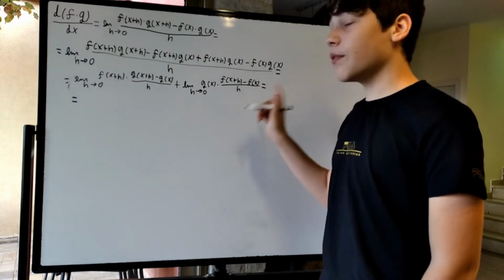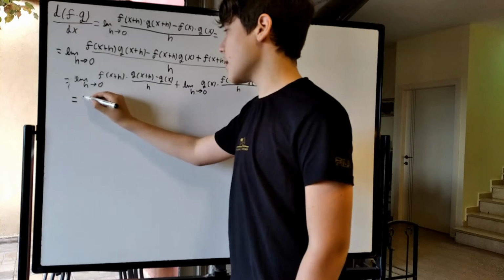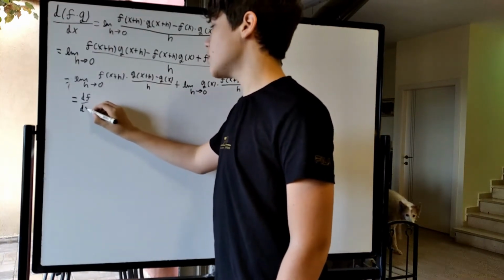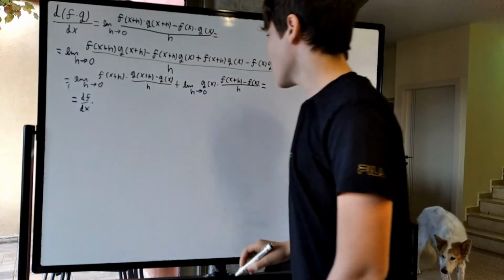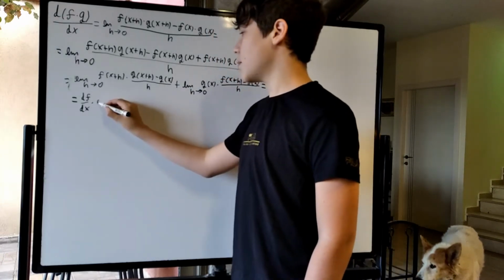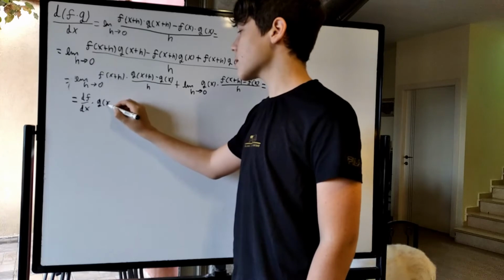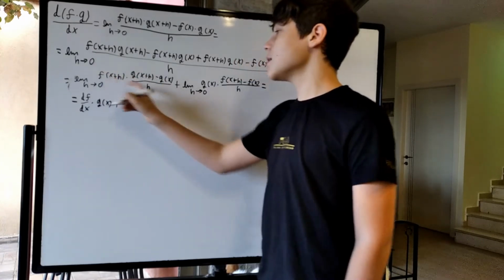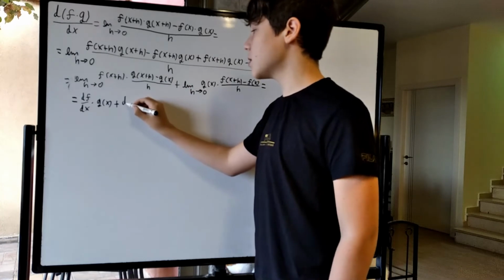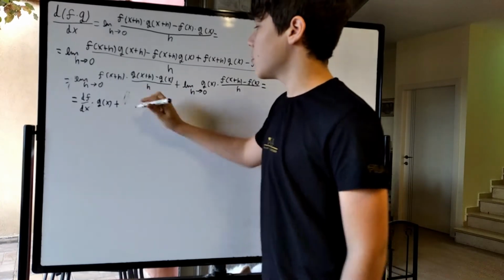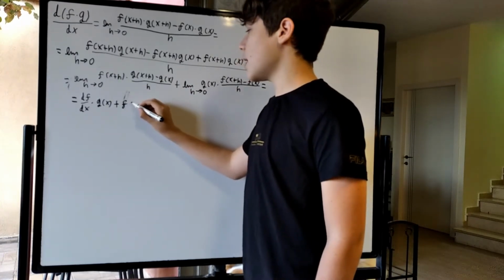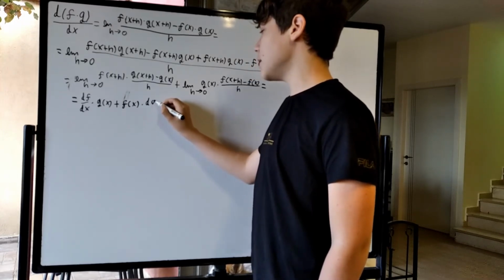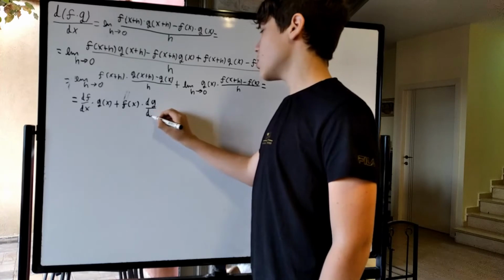So it's going to be the derivative of f with respect to x, so df over dx multiplied by g of x. And then add on this, which is f of x multiplied by dg over dx.